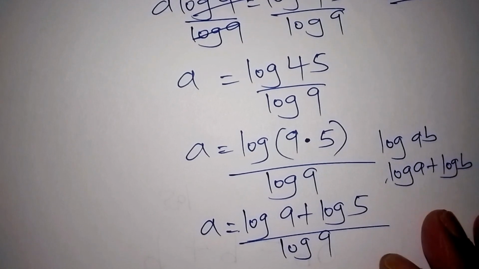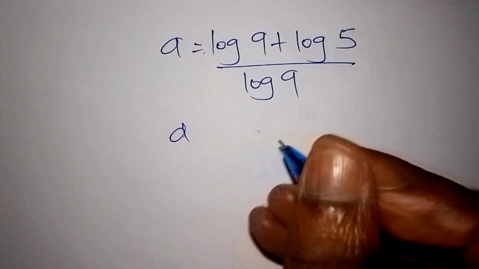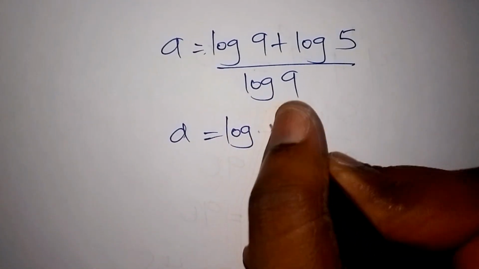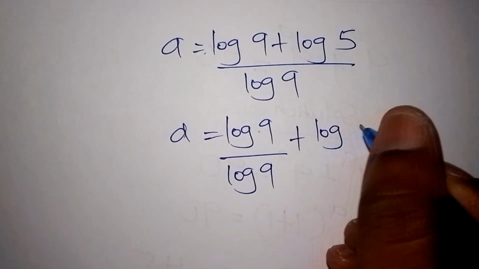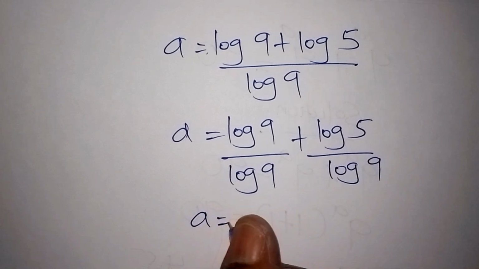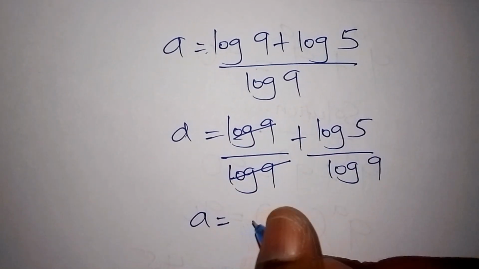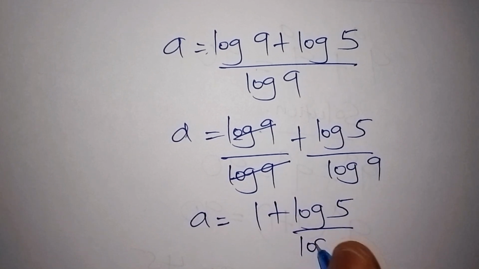Now we work out this log of 9 plus the log of 5 all over log of 9. So a is equal to the log of 9 over the log of 9, plus the log of 5 over the log of 9. The log 9 and log 9 cancel each other, so now we have 1 plus the log of 5 over the log of 9.